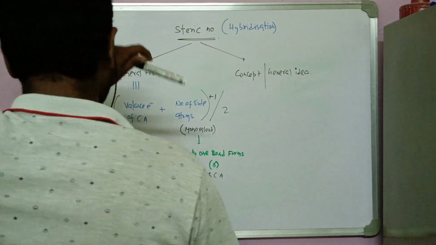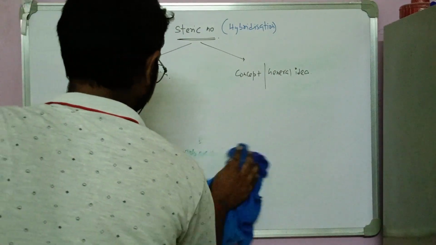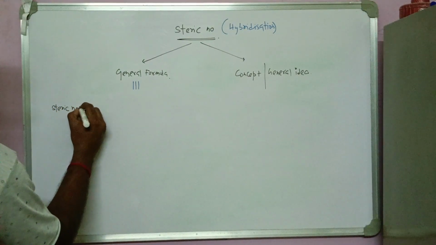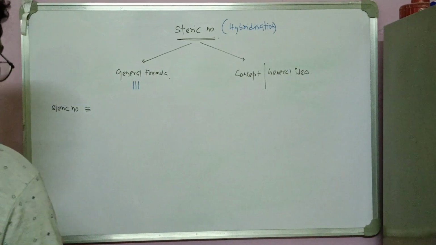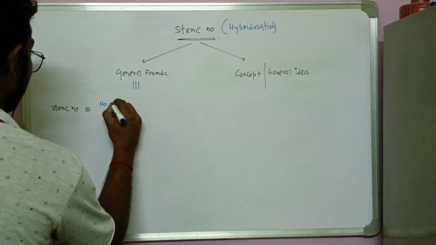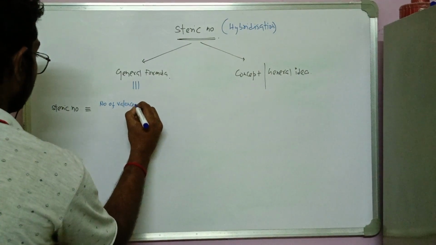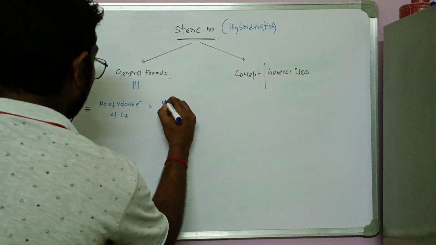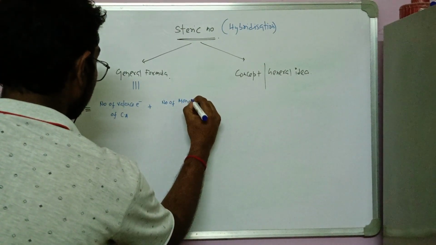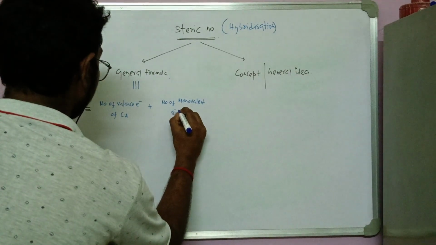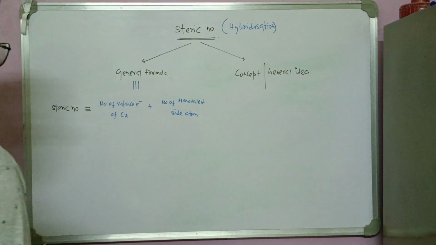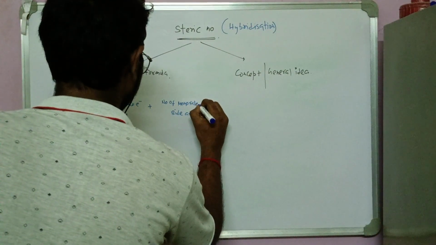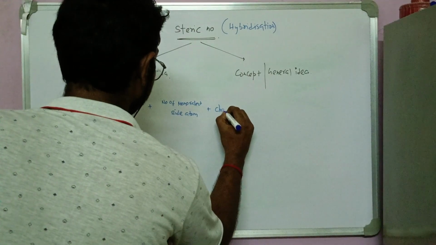So the steric number, okay, I am erasing this part, I am writing the whole formula once. Steric number equals to, what is the formula? Number of valence electrons of central atom, plus number of monovalent side atoms, plus charge of the system.